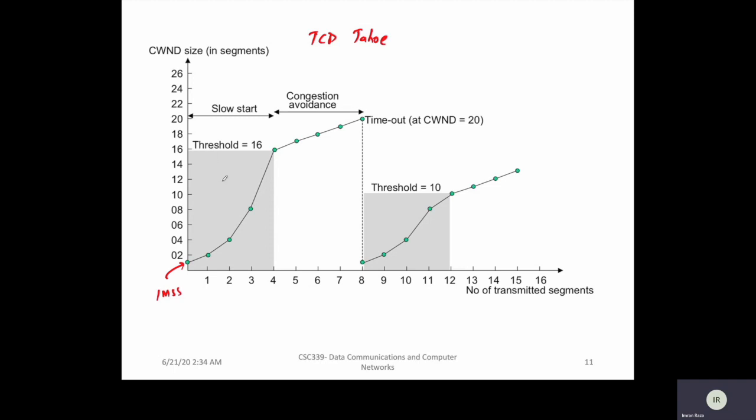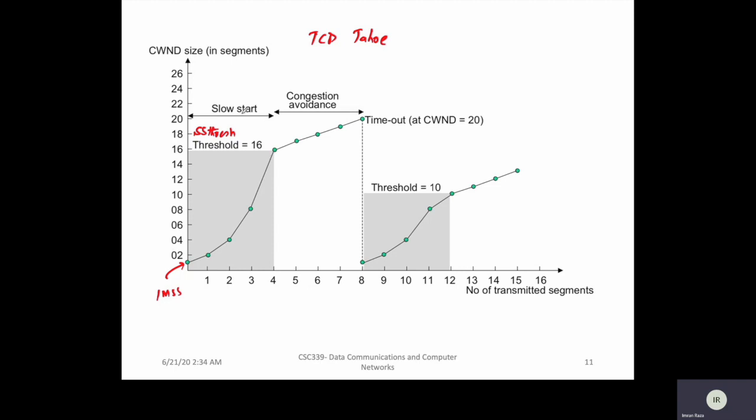We know that the initial value of the slow start threshold is 64 KB, but just for this example, let's assume the threshold was 16 segments. So the size is 16. This is the initial phase. Remember, we said TCP has slow start, additive increase, and multiplicative decrease.